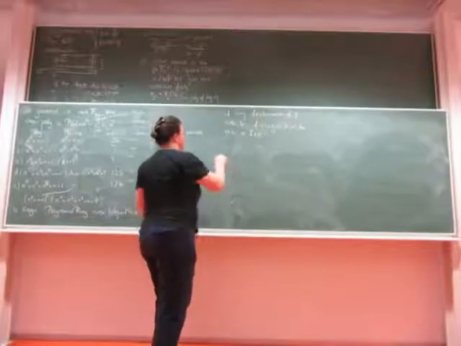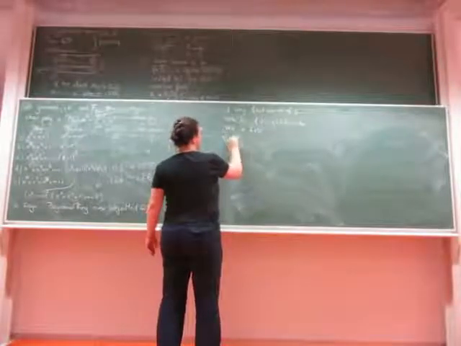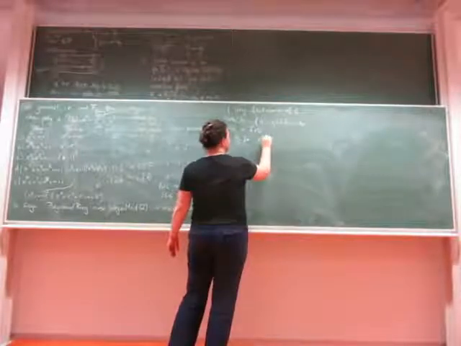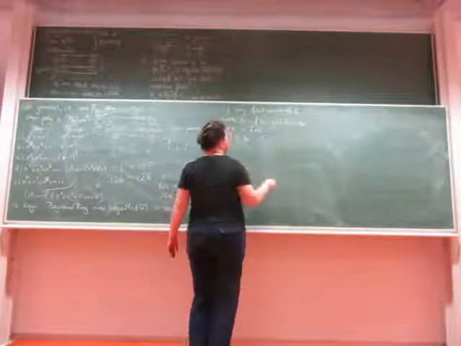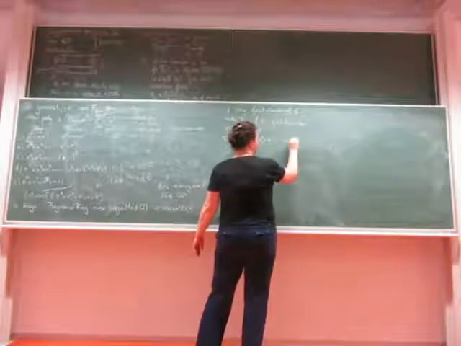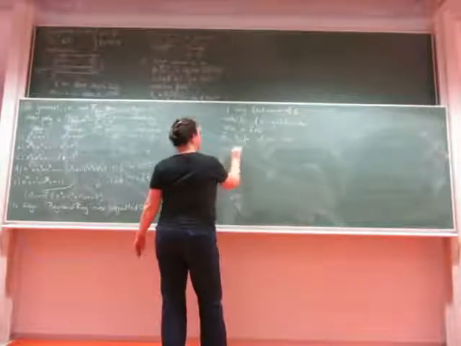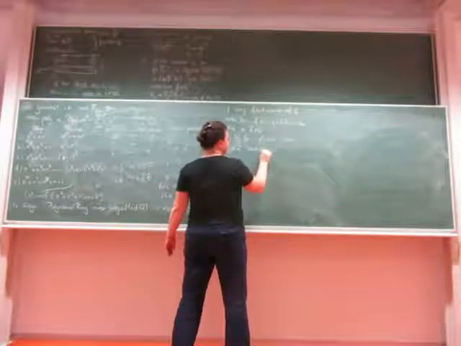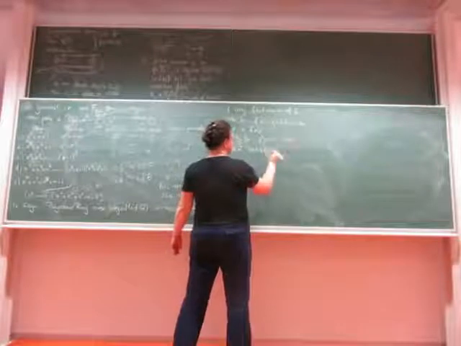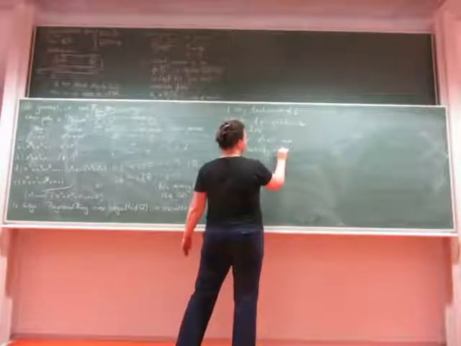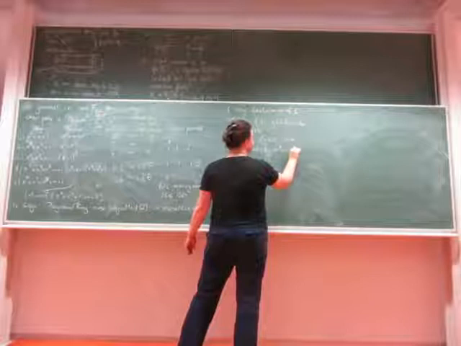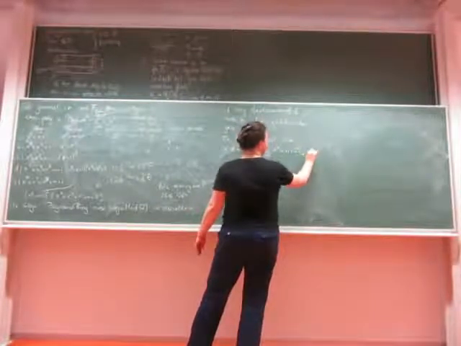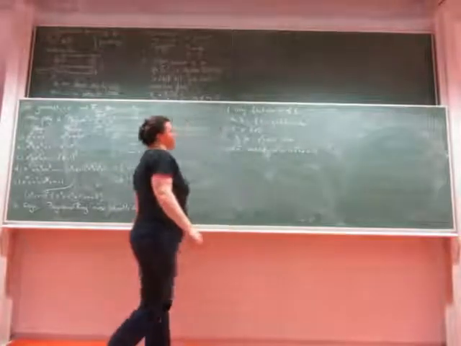So if we're doing exercise 3 for x squared plus x plus 1, then alpha and alpha bar satisfy alpha squared plus alpha plus 1 is the same as alpha bar squared plus alpha bar plus 1, and that's 0.